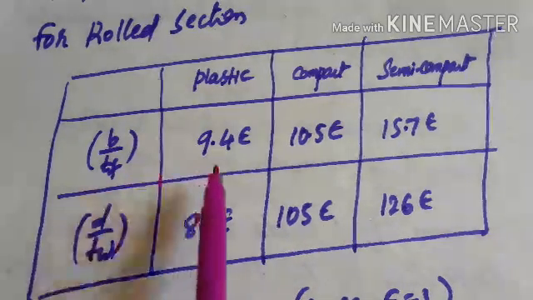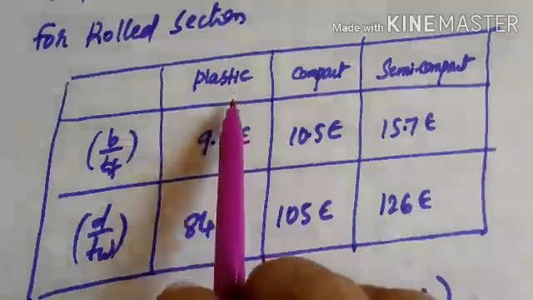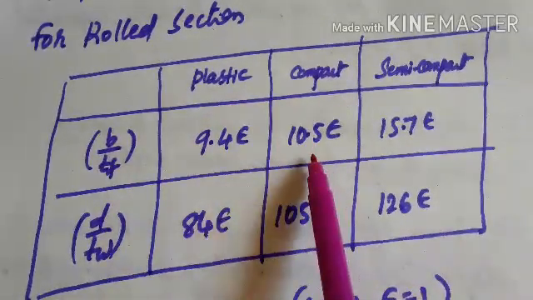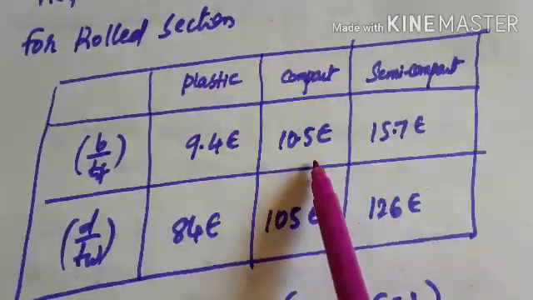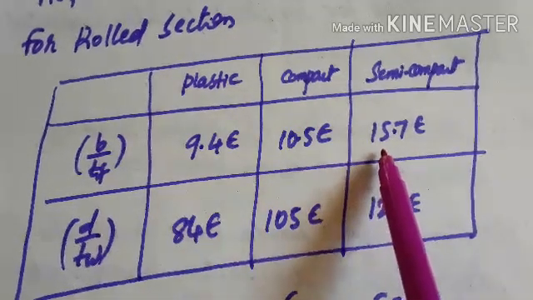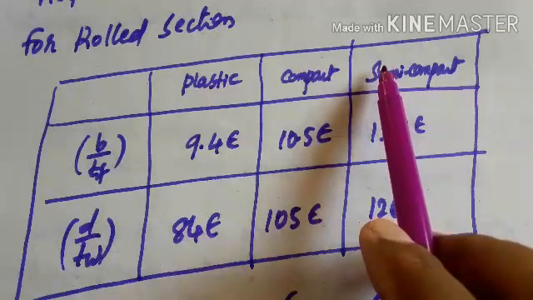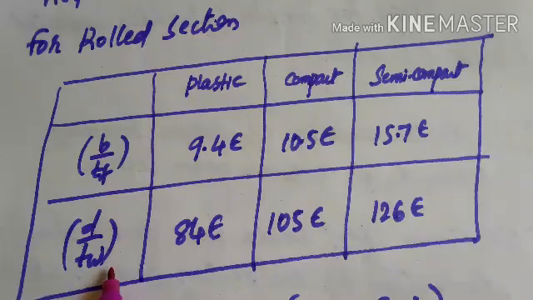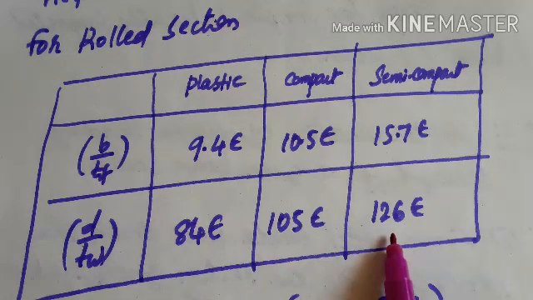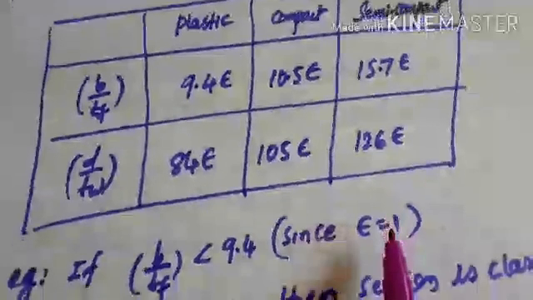For the flange element, ratios up to 9.4 epsilon represent a plastic section, beyond 9.4 and up to 10.5 a compact section, and beyond 10.5 and up to 15.7 a semi-compact section. For the web element, up to 84 epsilon is plastic, 84 to 105 is compact, and beyond 105 and up to 126 epsilon is semi-compact.